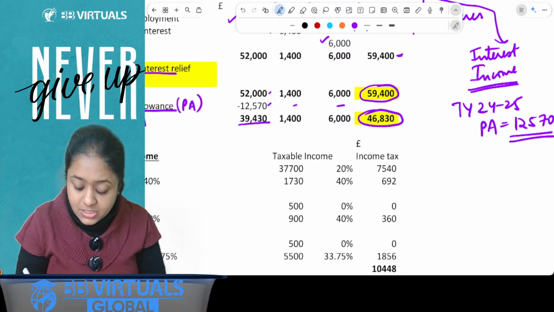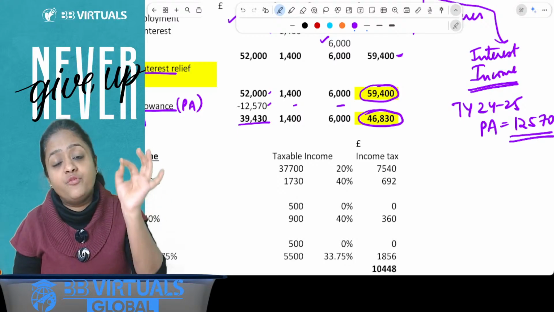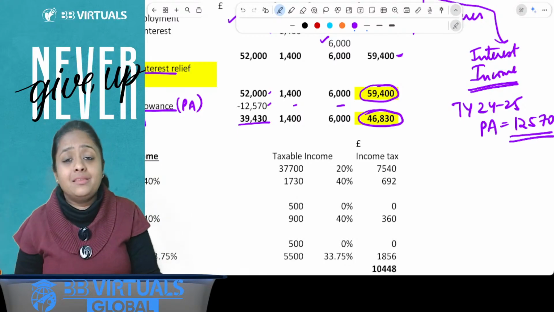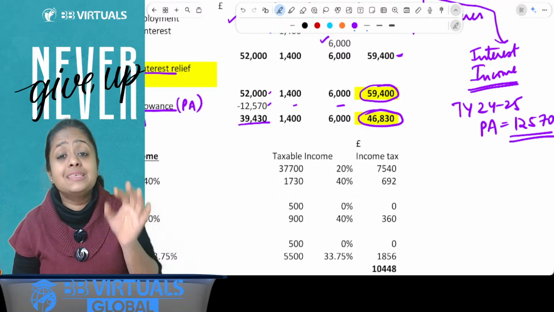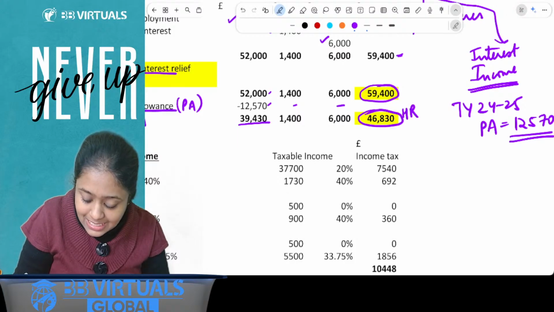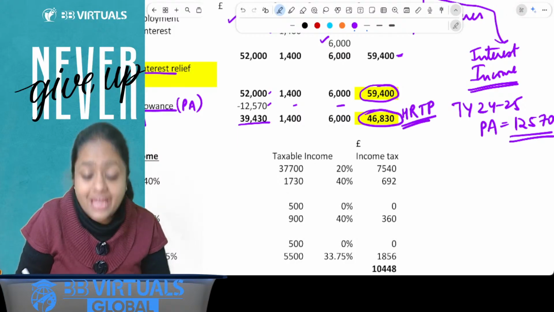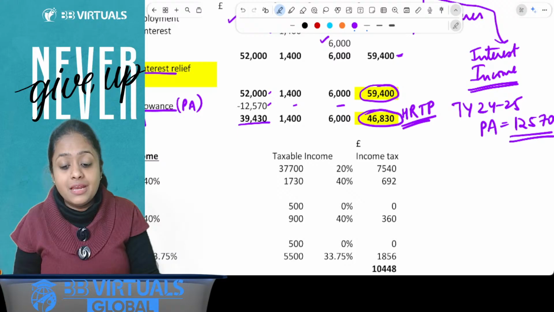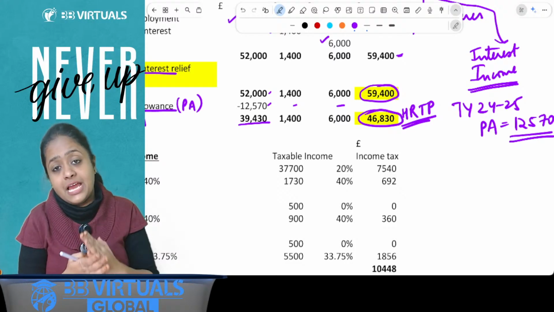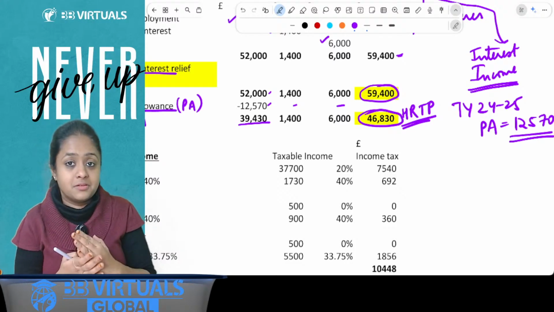No, because it has not exceeded 125,140. So we declare that the maximum rate band reached by the taxpayer is the higher rate band. So we will call this taxpayer a higher rate taxpayer, HRTP, which simply means that the highest tax rate applicable to this taxpayer is 40%.